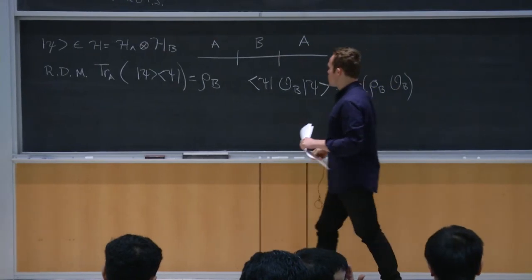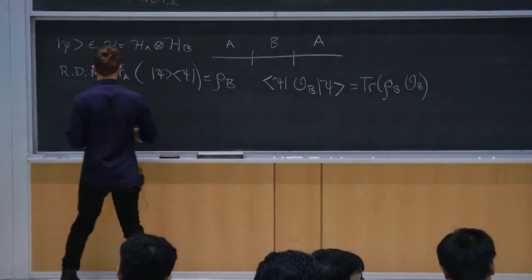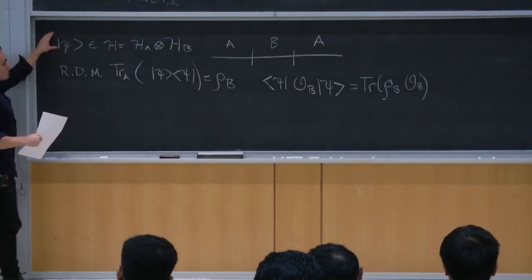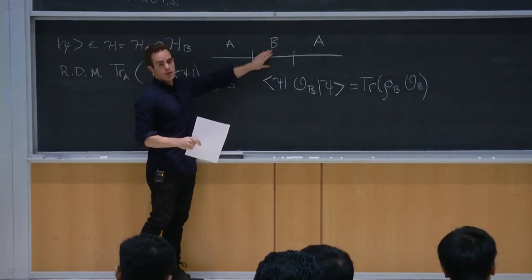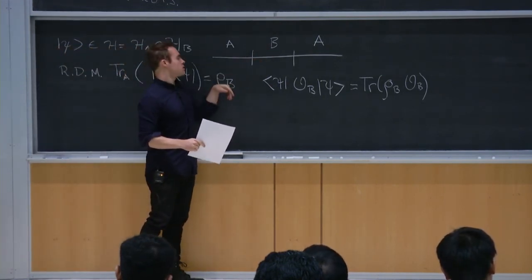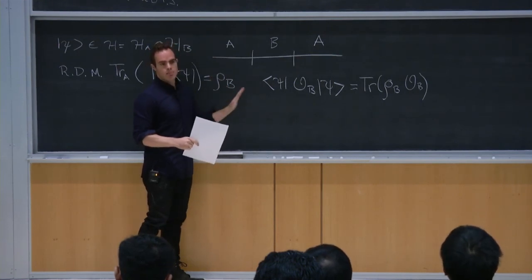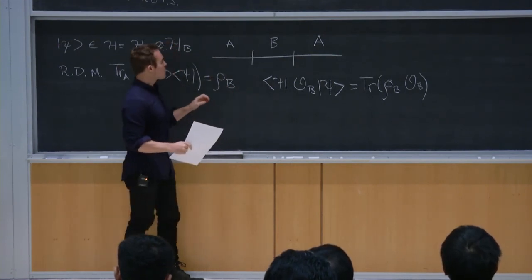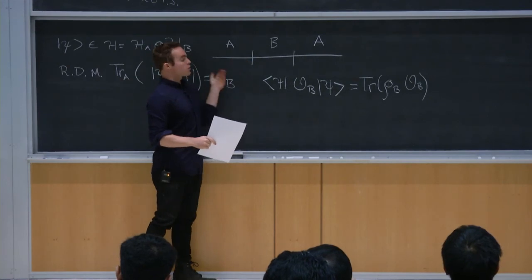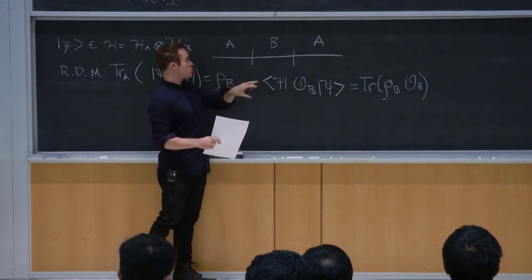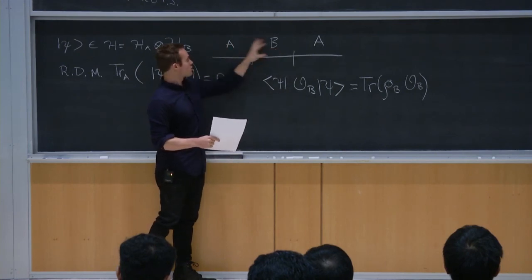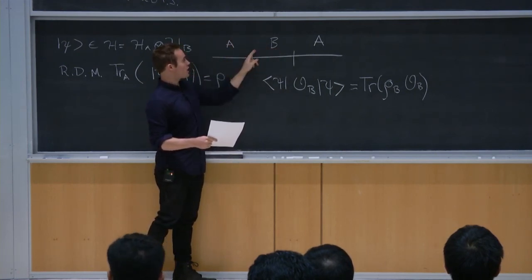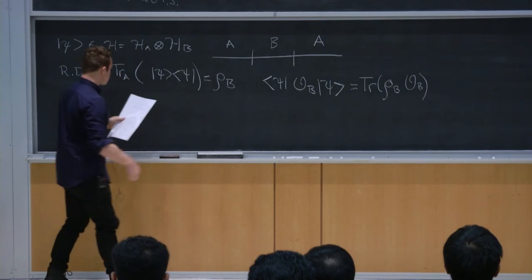OK, so entanglement comes about in the following way. We started with a pure state, but by tracing out A, I get a mixed state on region B. And entanglement is just the entropy of that mixed state. If A and B weren't talking with each other, you'd find that the reduced density matrix for B is still actually a pure state. But if there are quantum fluctuations across the cut here, then B ends up being mixed.